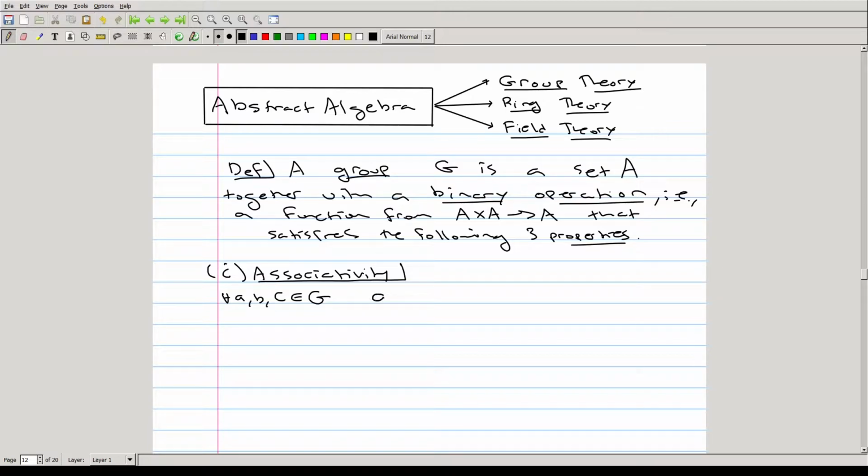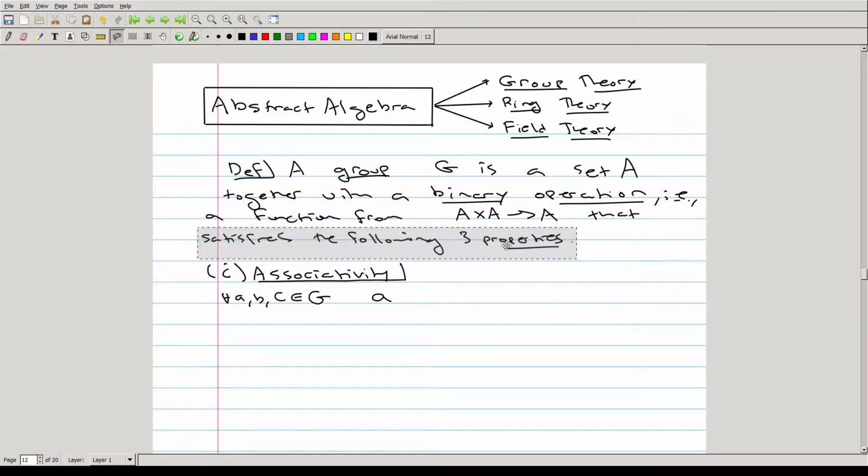We have that A and this binary operation, I'll just give a general name of star. This is a function with two inputs, an input from A and an input from A, such that the result of the function is back in the set A itself.